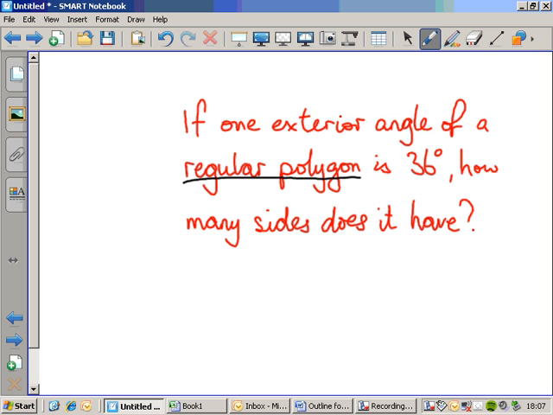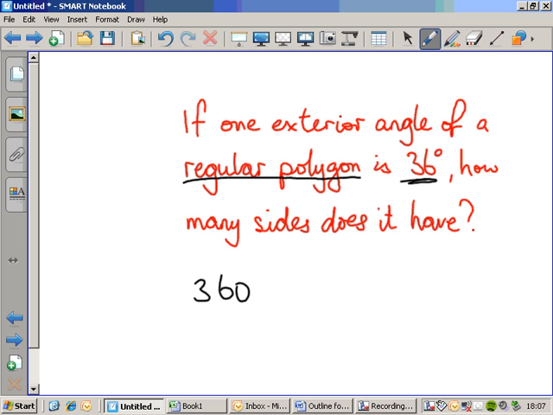Well, what are the important bits here? A regular polygon, I suppose, is an important phrase. A regular polygon is a polygon with equal sides and angles. In other words, if one of the exterior angles is 36 degrees, that means all of them are 36 degrees, doesn't it? And how many sides does it have? Well, what do we know that the exterior angles all add up to?